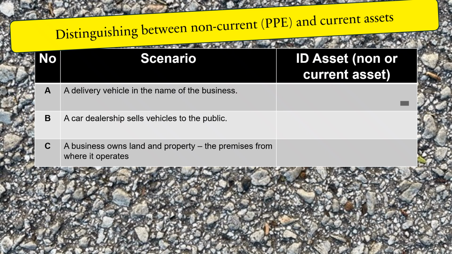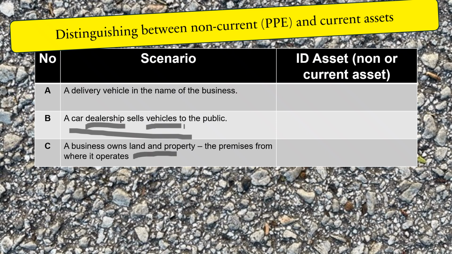A car dealership sells vehicles. Now, a car dealership buys and sells vehicles. So in this case here, vehicles is actually inventory. It's stock. It buys and sells vehicles. It is not PPE. It's a current asset.